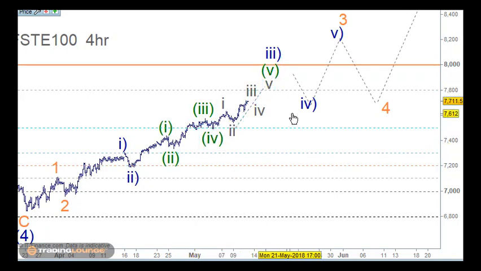So whatever happens, we can expect from wave 4 here, just like the AEX and the DAX, to come up to this structure here and finish. So in this case, we'll be looking at 7,800, and we can expect that to play out as a corrective pattern within this space here as such.